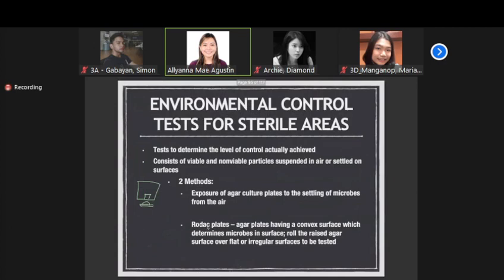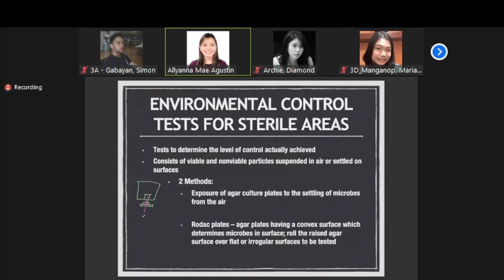Ayan, rodac plates. So, si rodac plates, class, naka-convex ang ating surface of the agar para pagdadaan si air dyan, it will come in contact with the agar. So, kung merong bacteria, mag-grow dyan sa agar, pag-agi ni air.